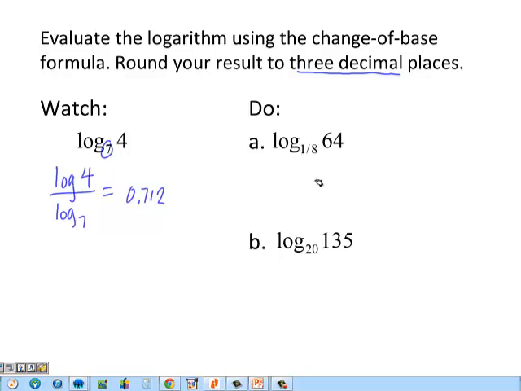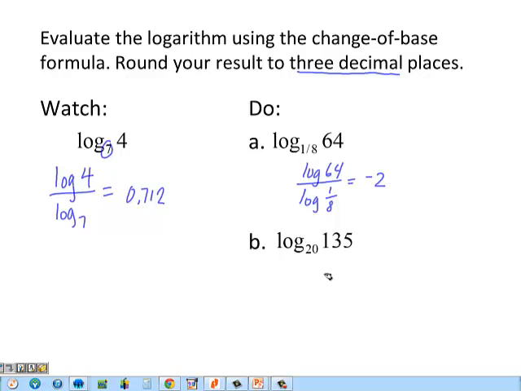Alright, what I got was -2, log 64, putting this in my calculator. I get -2.